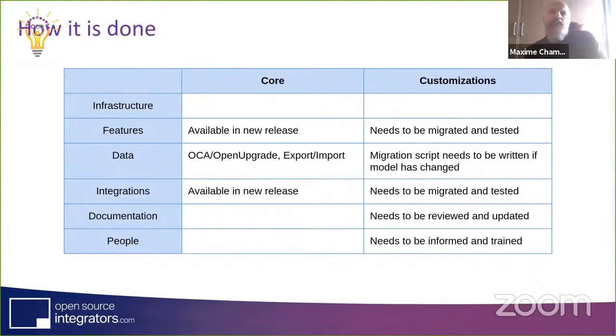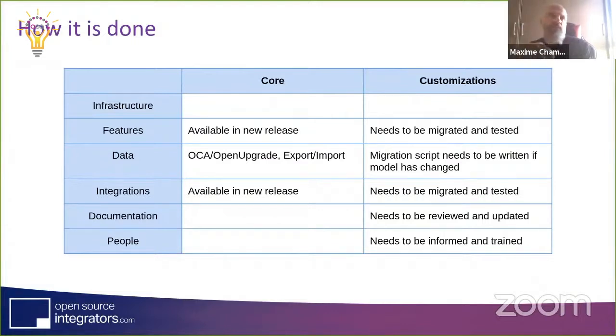For the data part of the customization, a migration script may be needed if the data model has changed. I don't think that happens that much with the OCA modules, but it's still a factor to evaluate and take into account. Integration, so there are some integrations with Odoo core. Thinking about carrier integration, bank integration.